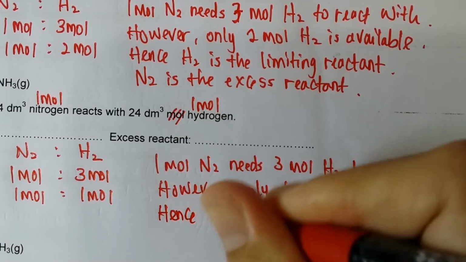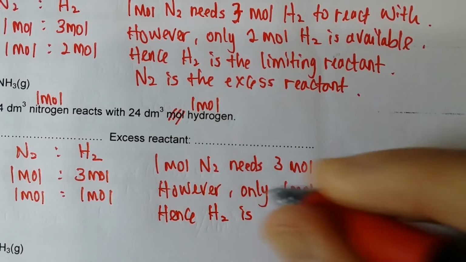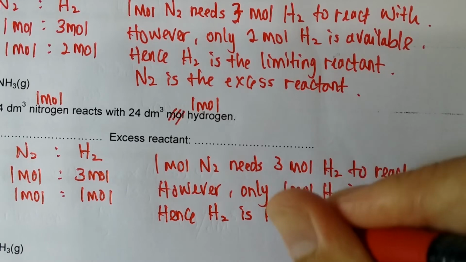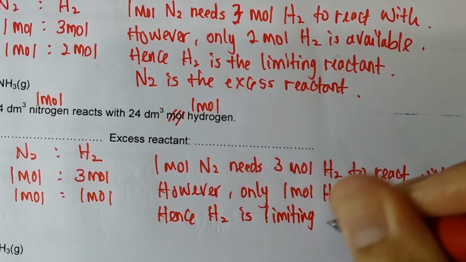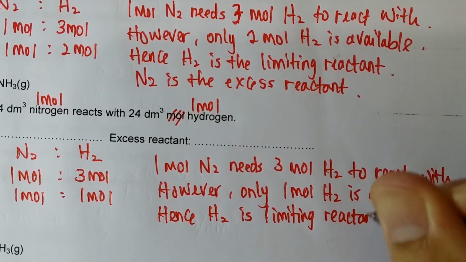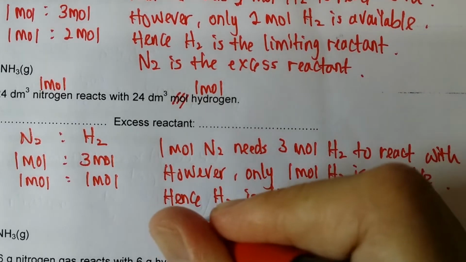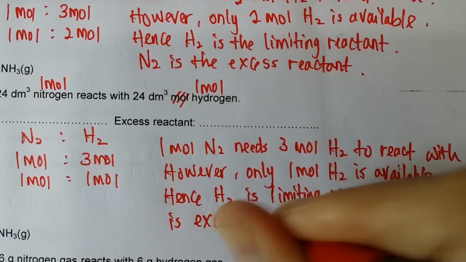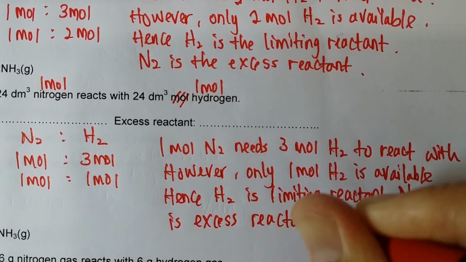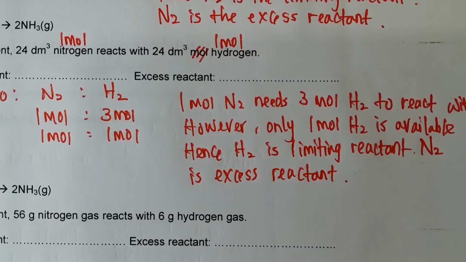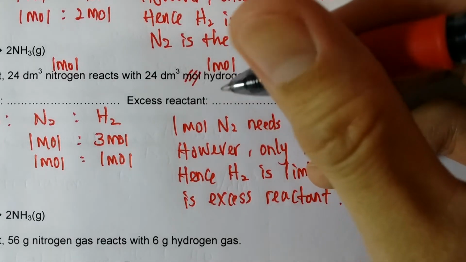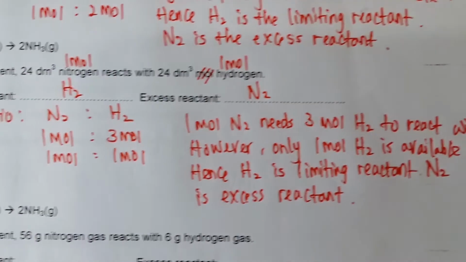Hence H2 is the limiting reactant, N2 is the excess reactant. So the excess reactant is N2, and H2 is the limiting reactant.